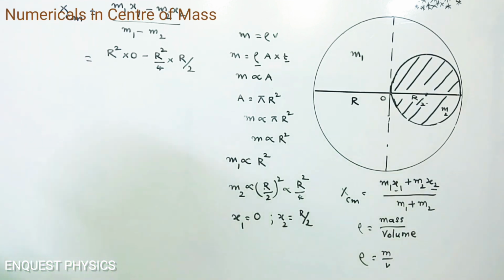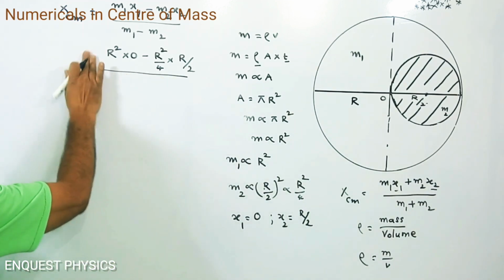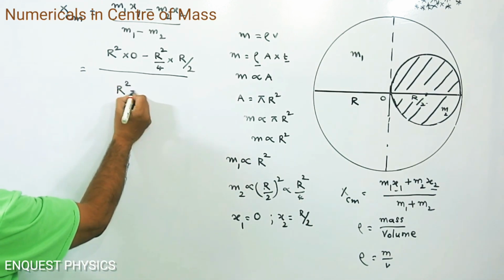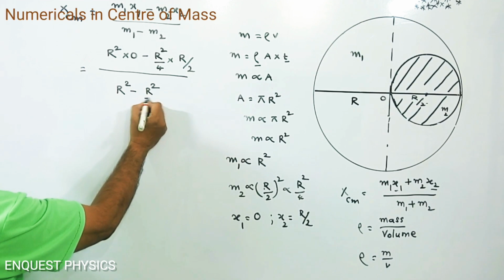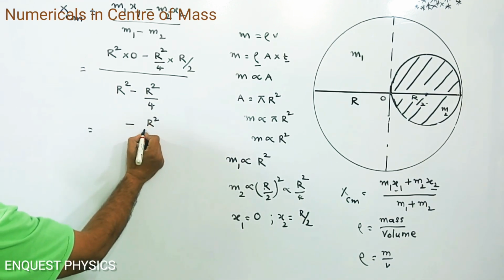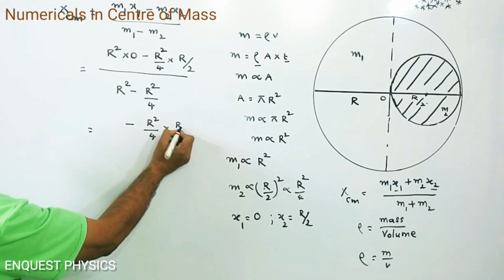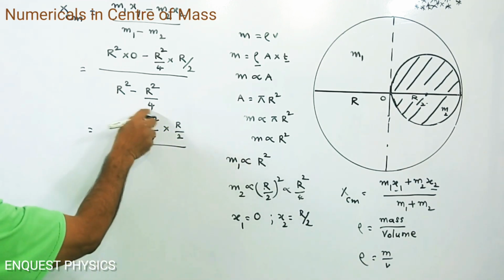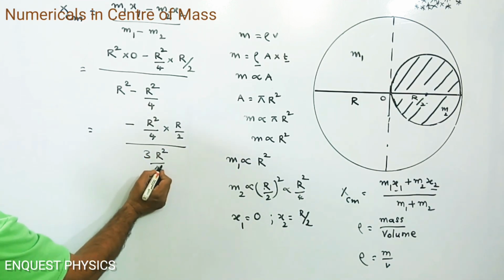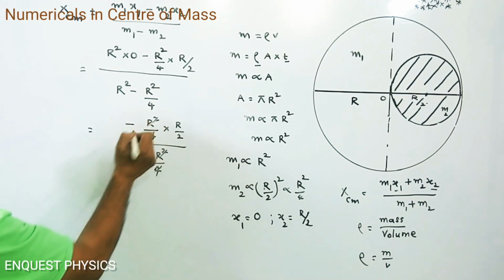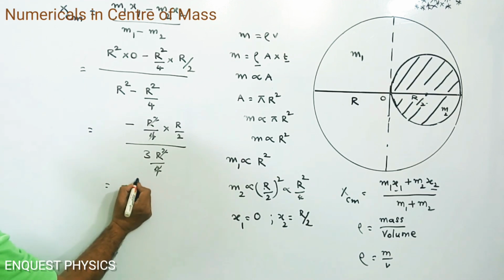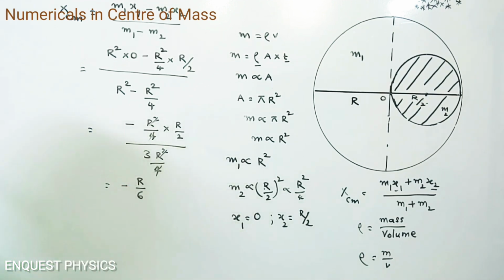Here we have upon, okay, students, m1 minus m2, r square minus r square by 4, and it can also be written as minus r squared by 4 multiplied with the r by 2 by 3 mr squared by 4, where 4 gets cancelled and r square gets cancelled, and what you get, it is minus r by 6.